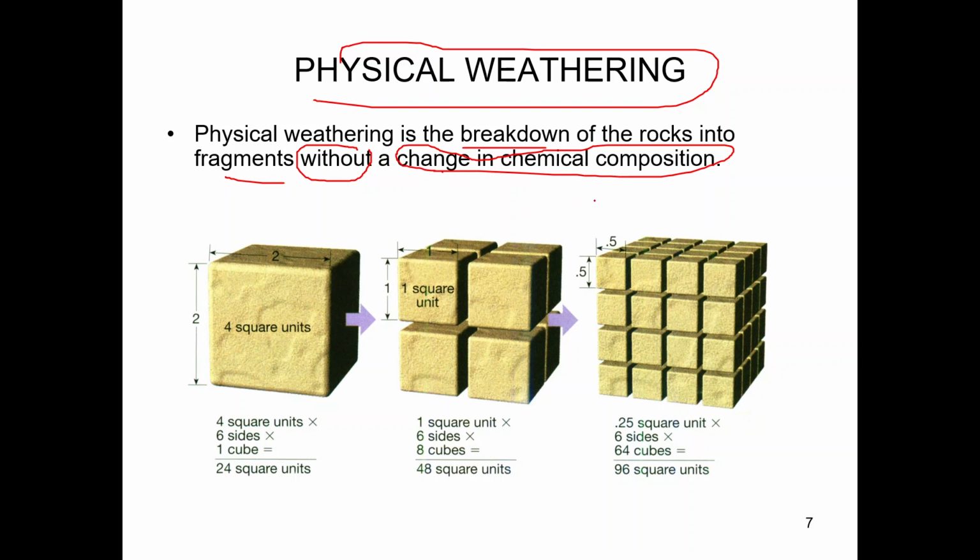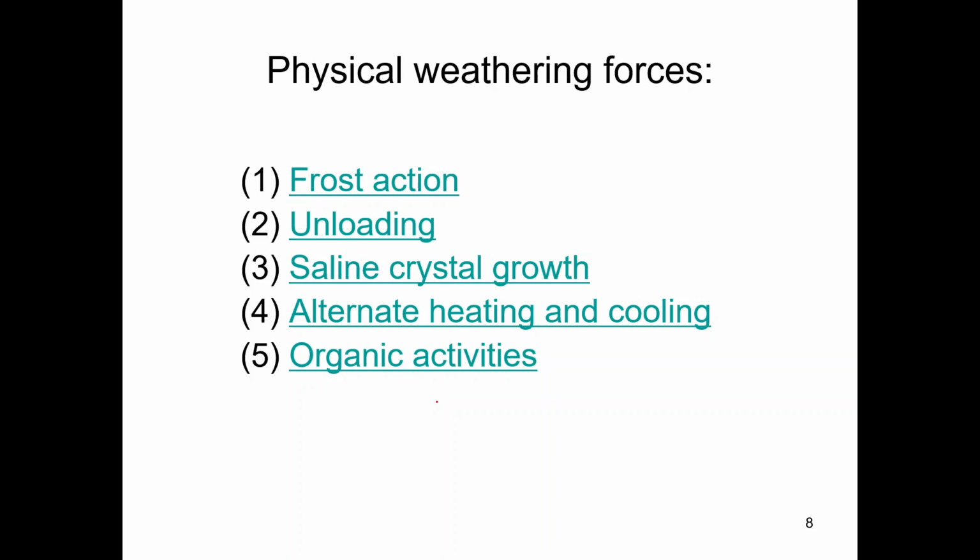Their minerals are not changed in their formula. So if we have this block of rocks, it is fragmented into this size and then another size, to smaller sizes, decreasing in size because of physical weathering.